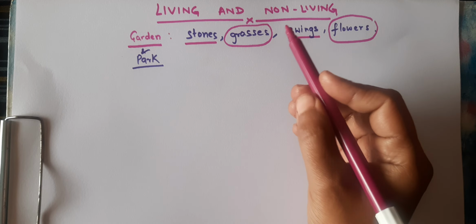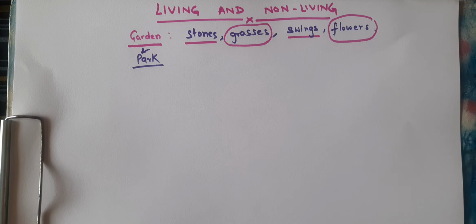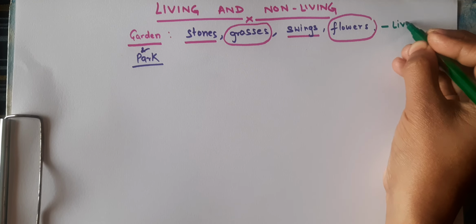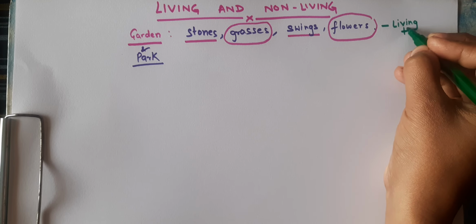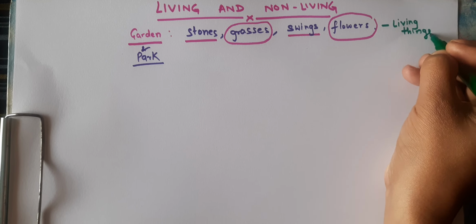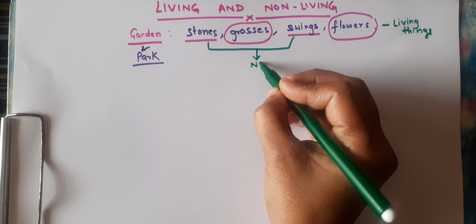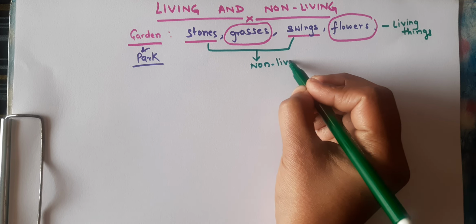So why? Because the grasses and the flowers, these two are living things. Living things are bound to change with time, whereas the stone and swings are non-living, so they will stay as they are.